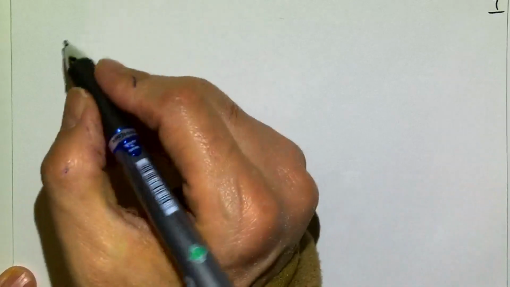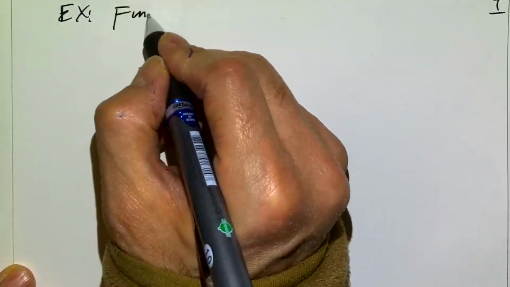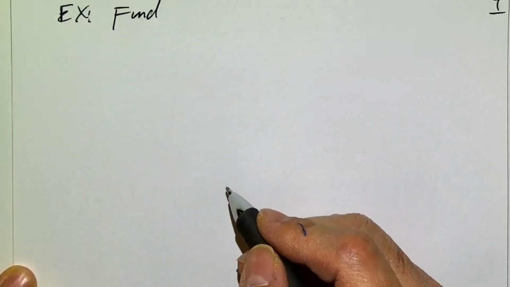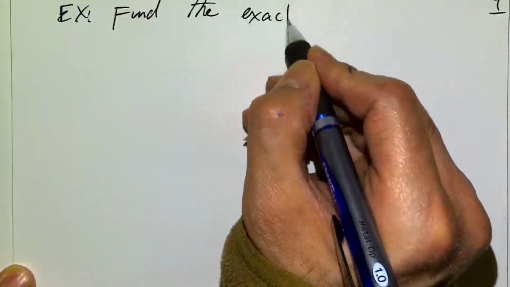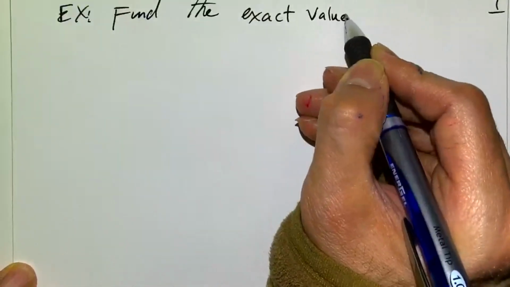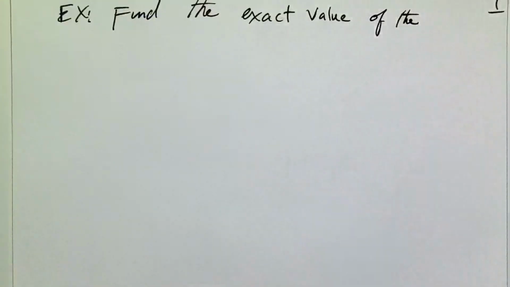So here, again, we have similar, but this time we have other functions like sine, cosine, and again, tangent. So we have this example where we want to find the exact value of the, again, we want exact, right?